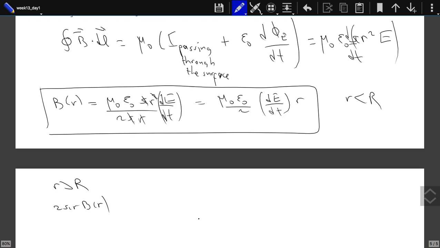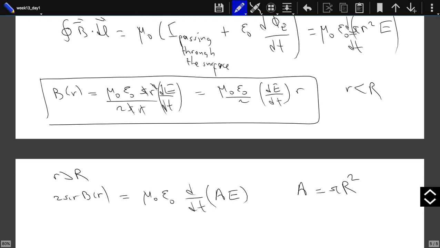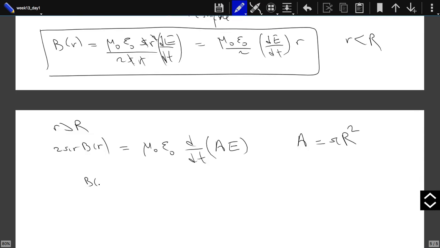It won't change. This should be equal to mu0 epsilon 0 d by dt of A times E, A being the total area of my capacitor. The magnetic field at a distance R will be equal to mu0 epsilon 0 over 2 pi R times A times dE by dt.